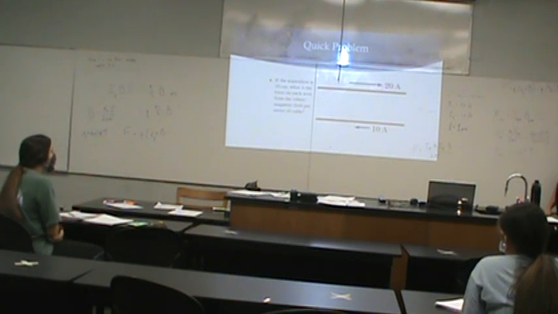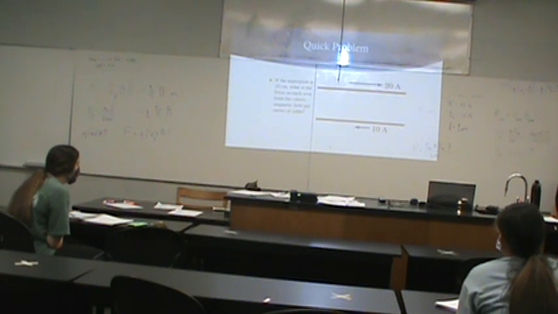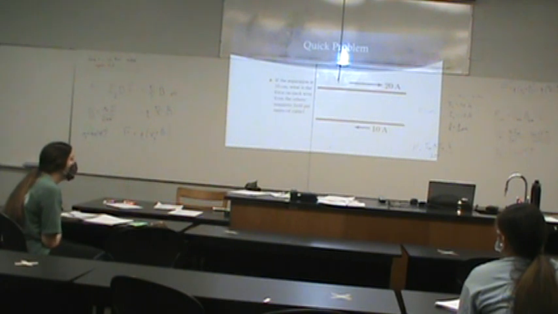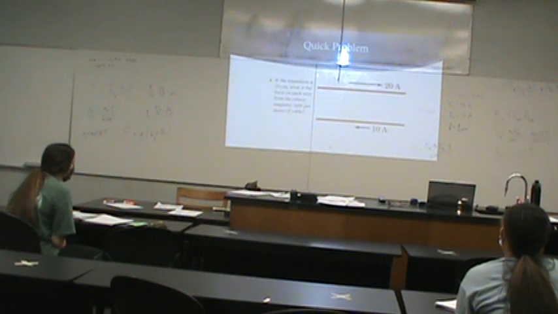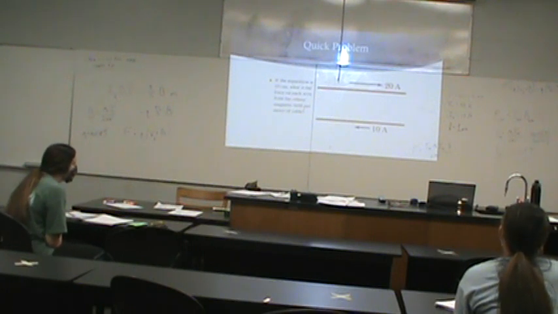Wait, would the radius ever be, the radius is the distance between them. Correct. So the radius would always be the same. But the only thing that would change would maybe be the length, or is the length always going to be the same? For this question, I've worded it in such a way that we're comparing 1 meter of each line.